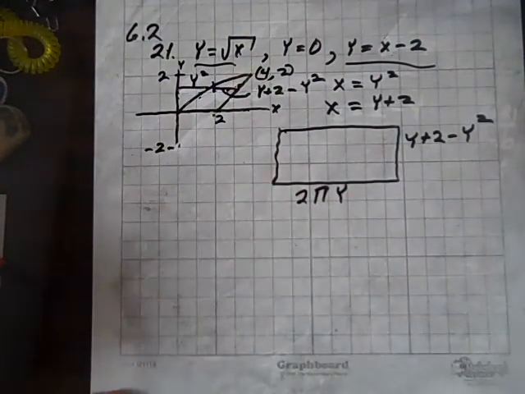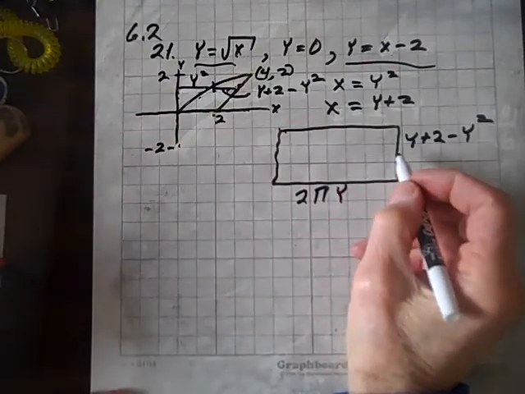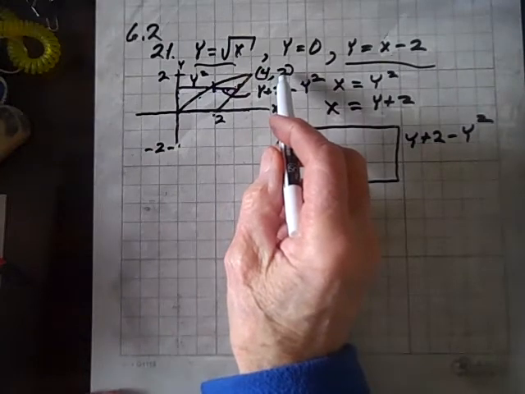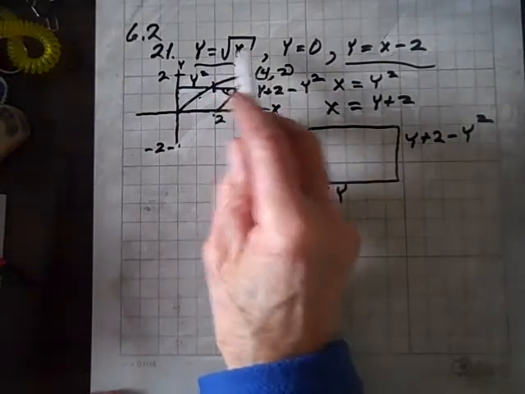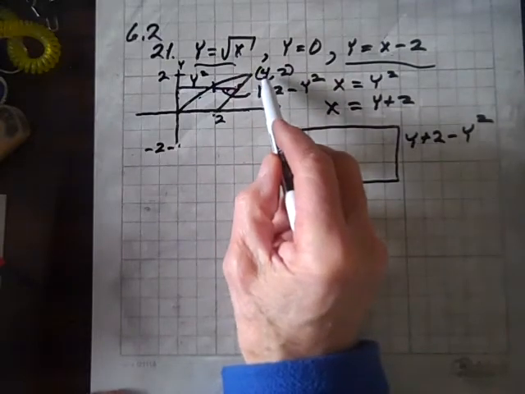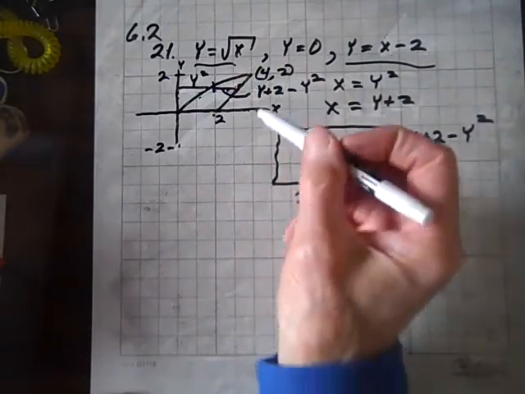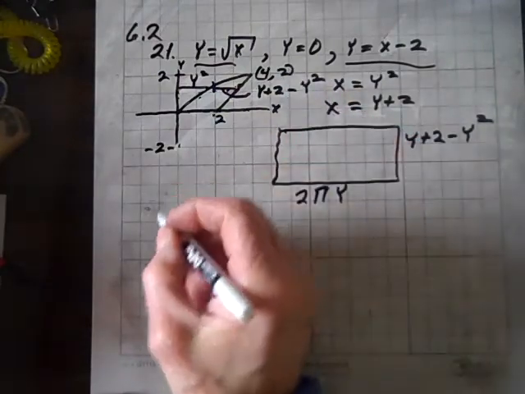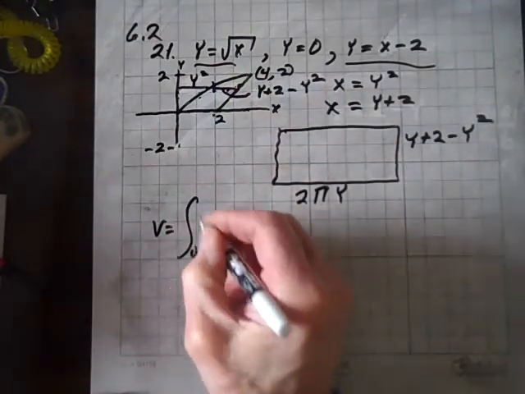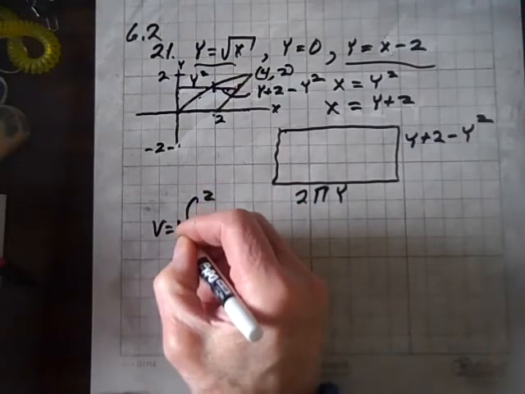Now we just have to find the area of that cylinder and integrate it from 0 to 2, because this curve and this line intersect at the ordered pair for 2. So the maximum y value is 2. So our volume is going to be the integral from 0 to 2, and we need a pi.